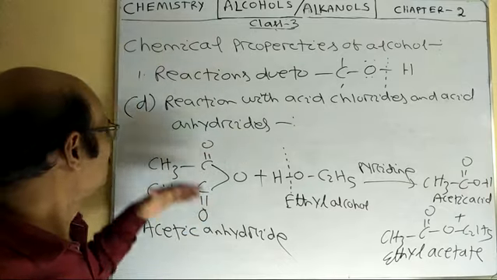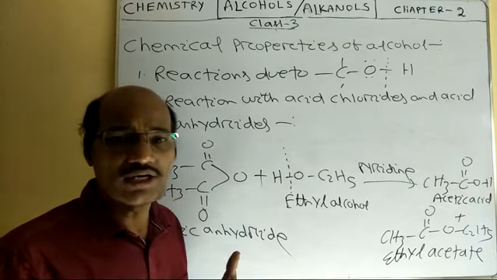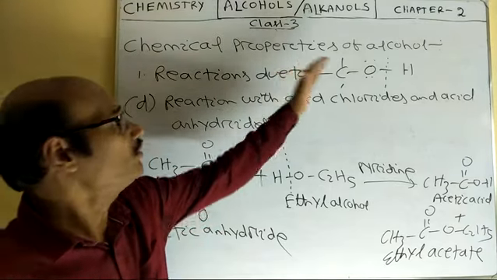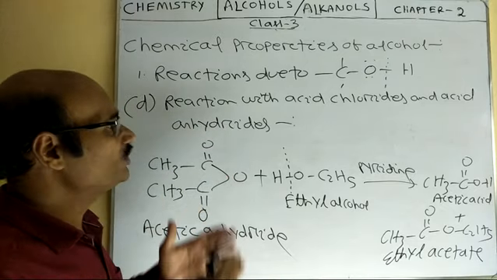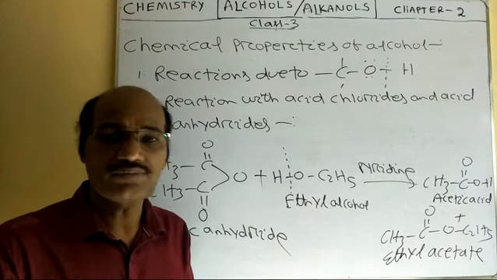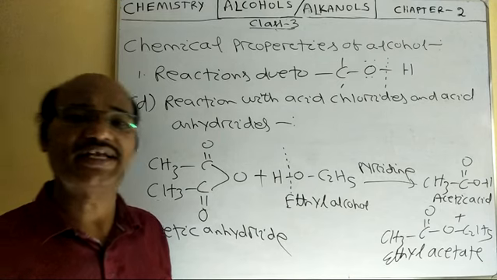So these are the four different examples of how alcohols react with the breaking of the OH bond. First of all, we have seen how the OH bond is breaking in the reaction with sodium metal. Then we also have seen how it reacts with sodium hydride.